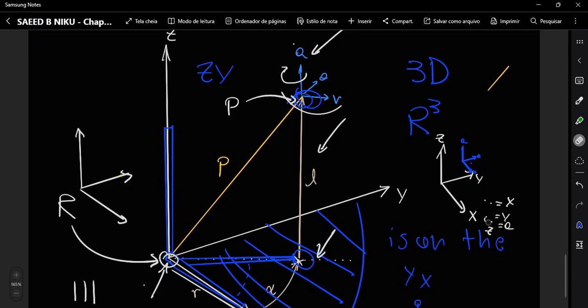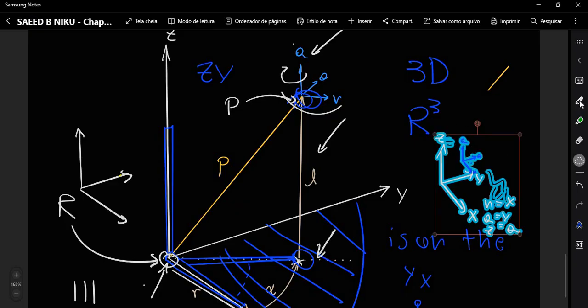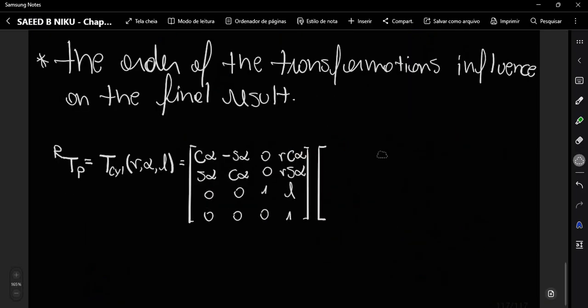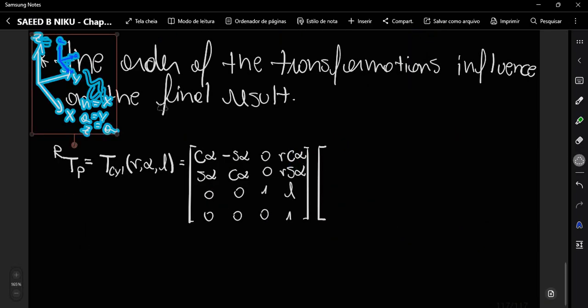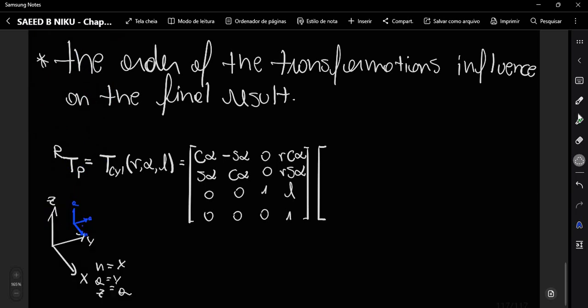So in order to write, let me copy this. Right here is a. Okay, let me copy and paste right below and use as reference right here. Okay, so in order to write this matrix, we have to consider that the a-axis is pointing on the same direction as the z-axis.